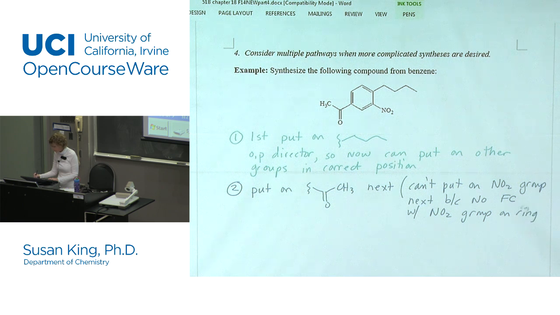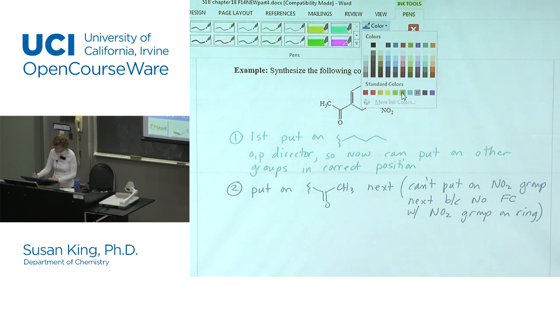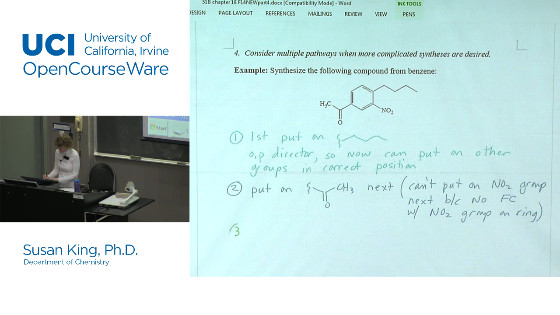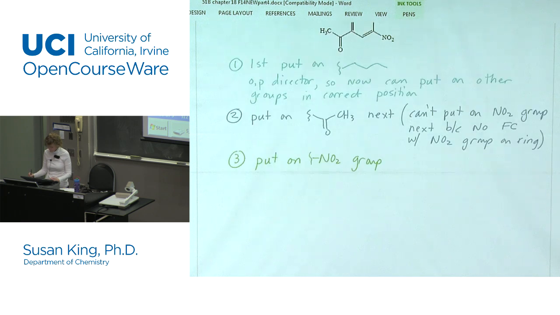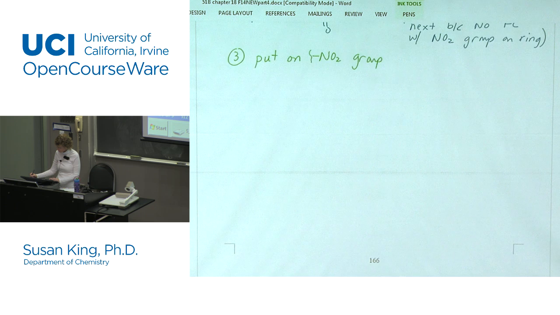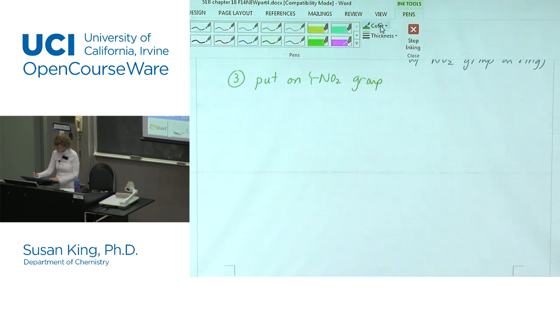Unless there was a strongly activating group to cancel it out, you will not get Friedel-Crafts. All right, and then the third step, of course, is going to put the nitro group on. All right, so we've got the plan. Let's write out our synthesis in the forward direction.